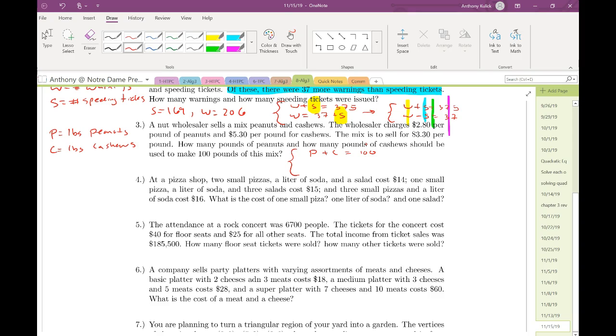Caden? Okay, so 2.8p plus 5.3c. Again, you can say 530 or whatever. I just drop the zeros because I don't need them. You know what I mean?